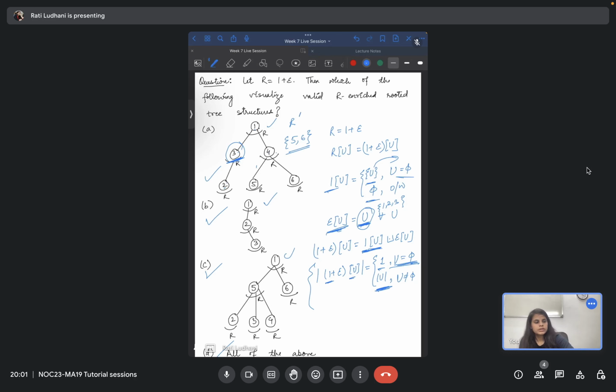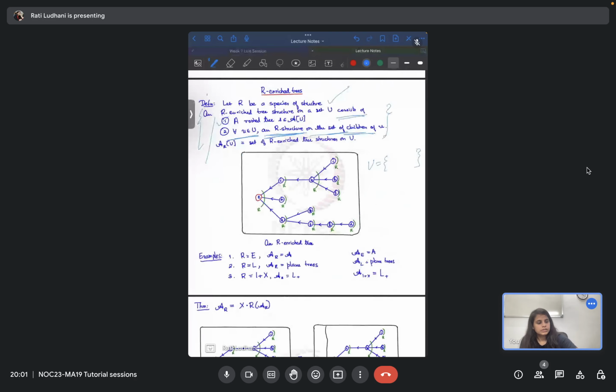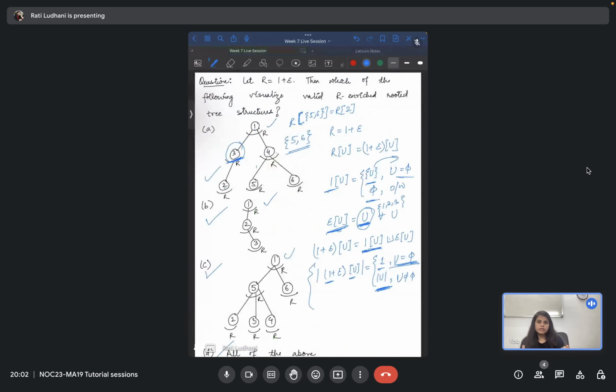So you are saying you should have an R structure on 5 6. That means you should have an R structure on 2. That is the requirement you need to check. It doesn't need to be 1 or 2, it just should exist.